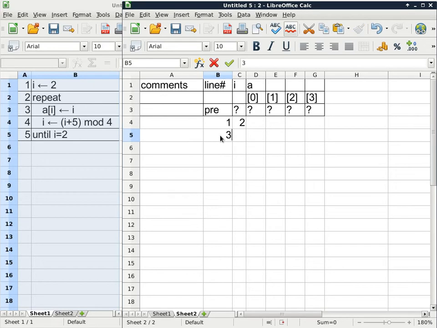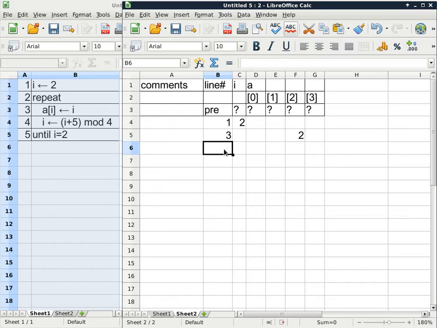Line 3, a bracket I gets the value of I. So I'm hoping that everybody at least gets to this point, because if someone cannot get to this particular line, that's really bad, because you only need to understand what an assignment statement is, what a repeat until statement is, because you have to perform one iteration before you check for the exit condition, and just array indexing. So this one, I'm hoping that most people would get.